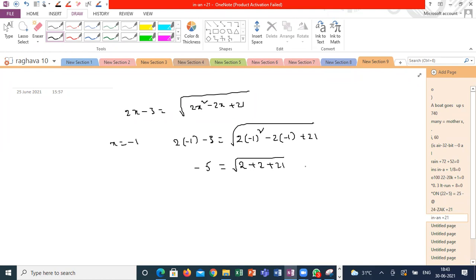So it is coming minus 5 is equal to plus or minus 5, which is not a possible solution. So minus 1 does not satisfy the given equation. So you can say 6 is the only possible answer.